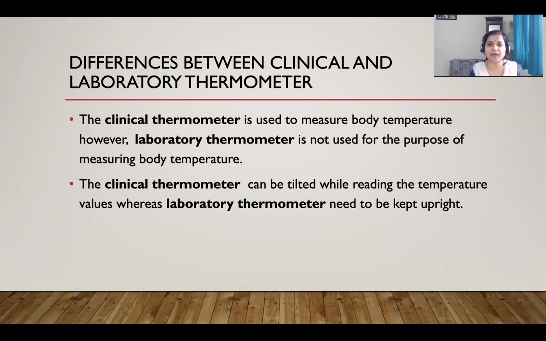It should not be tilted. In the laboratory thermometer there is no kink, but in the clinical thermometer there is a kink, and the clinical thermometer is very small. It can measure from 35 to 42 degrees Celsius, and the laboratory thermometer can measure from minus 10 degrees Celsius to 110 degrees Celsius.